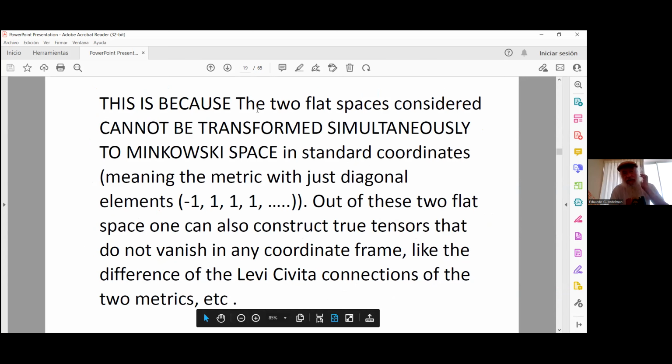Okay, this is written in a more clear way. These two metrics, for example, you take two flat metrics, cannot be transformed simultaneously to Minkowski space in standard coordinates, right? Out of these two flat metrics, for example, you can construct a true tensor, for example, the difference of the Levi-Civita connections.